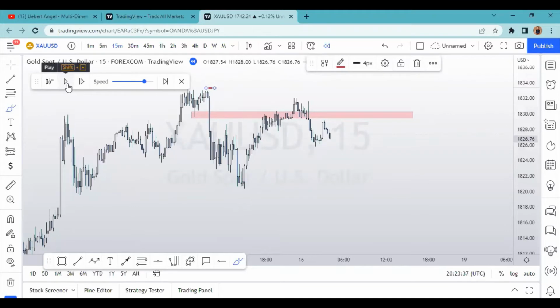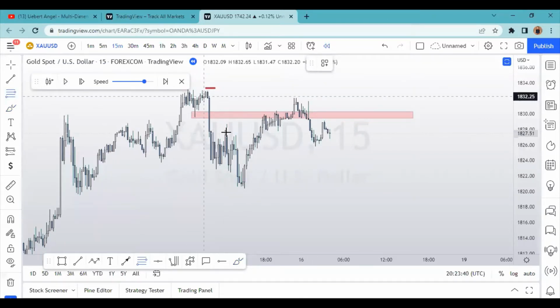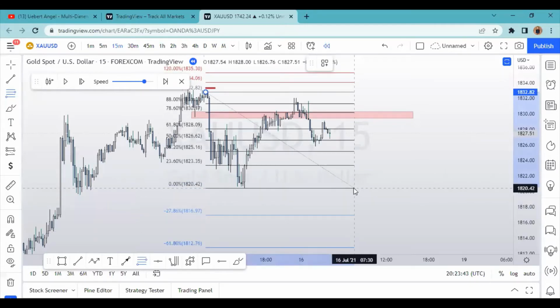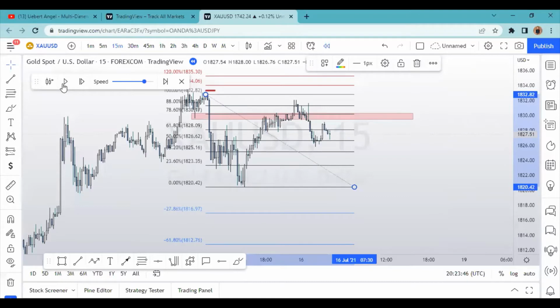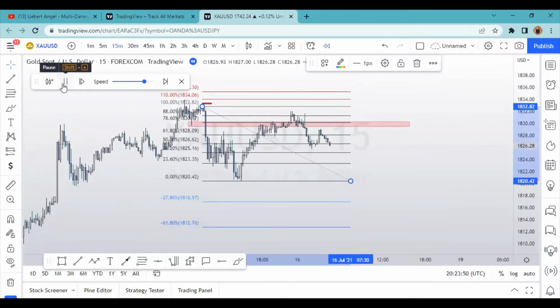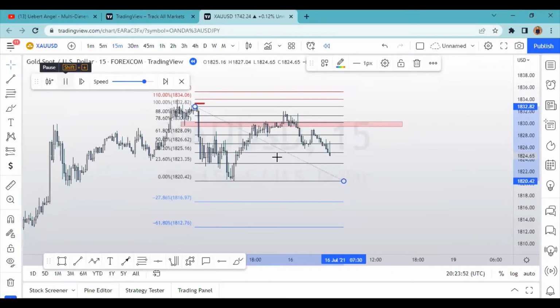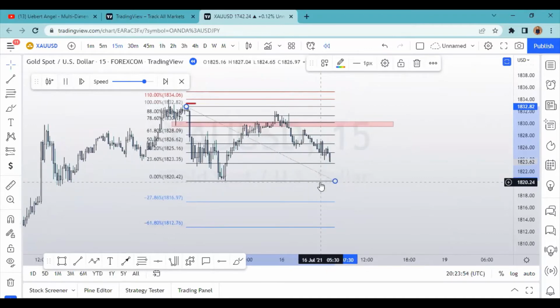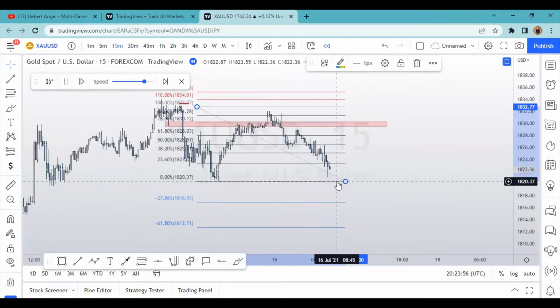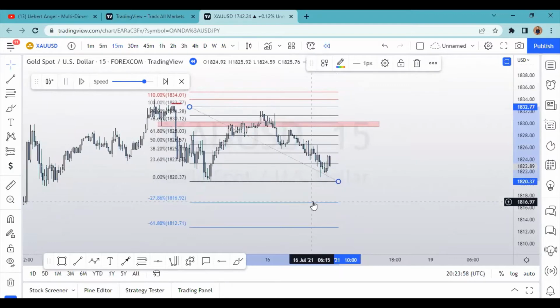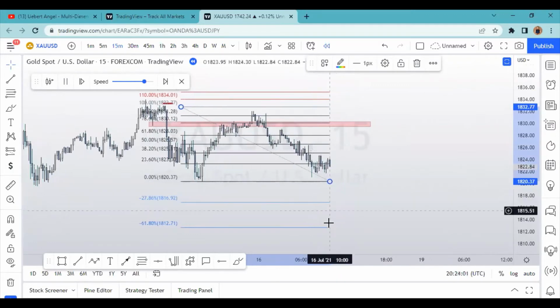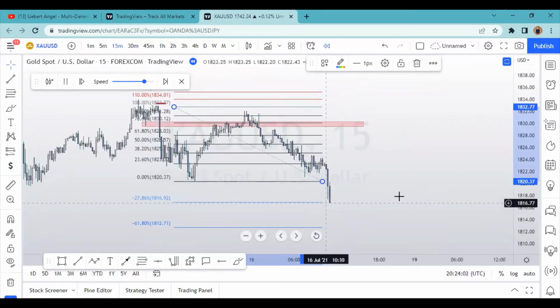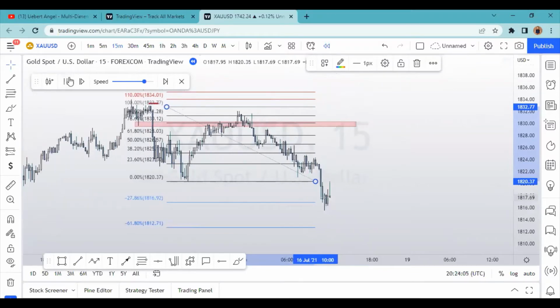And how would I know where to get out of this trade? I draw my Fibonacci, and then I look out for either this level here, this 0%, if I enter at that high, or this negative 27.8%, and then here.